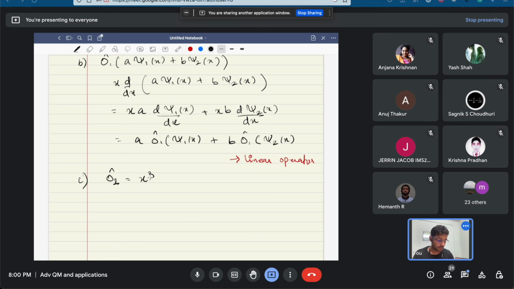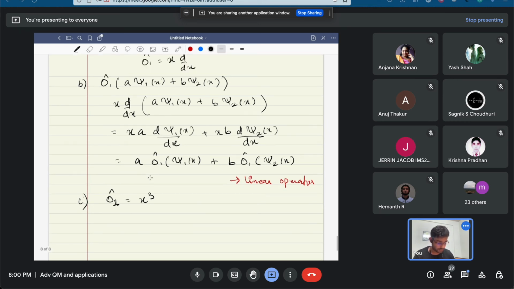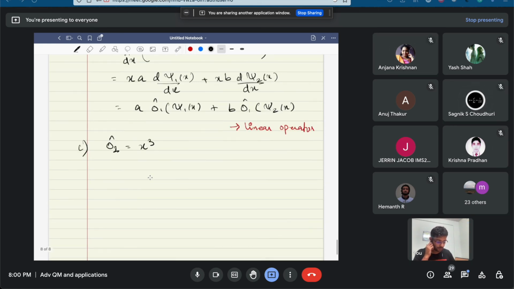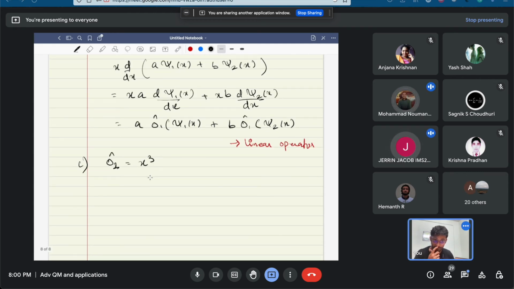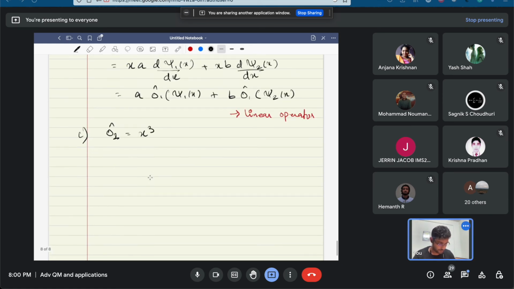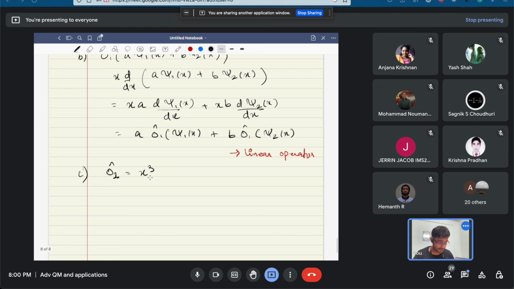If I put this operator in action on this wave function, what do you think? Will it be a linear operator or a non-linear operator? Non-linear operator. Okay, linear operator. Okay, this one is simple. Non-linear. Okay, so let's have a look.